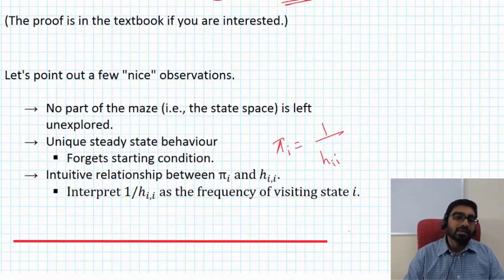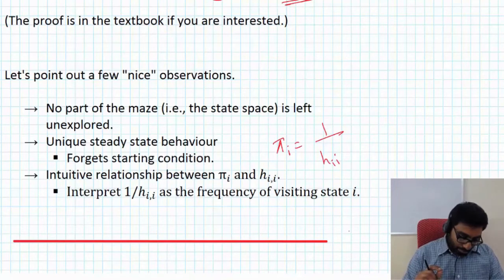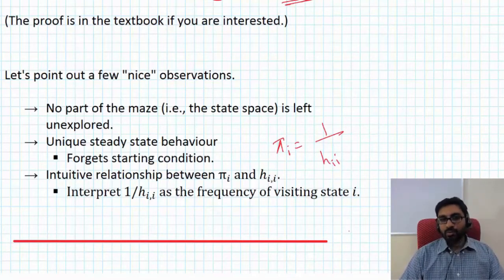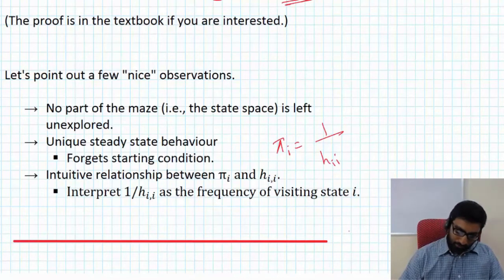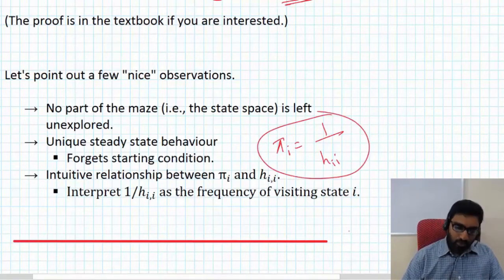So all the pi_i's are going to be strictly positive. And there's going to be a unique steady state behavior. Initial conditions are forgotten. So it doesn't matter how you start, eventually the Markov chain is going to end up in a steady state behavior. And there's a nice clean intuitive relationship between pi_i and h_i. That's pi_i equals 1 over h_i.